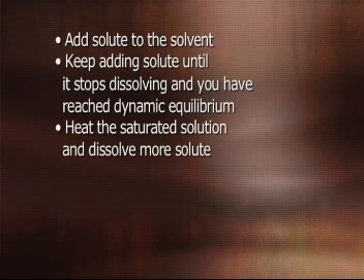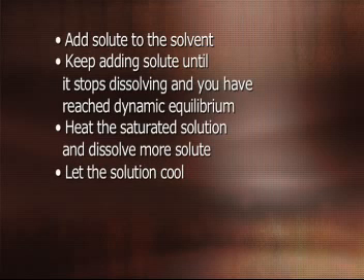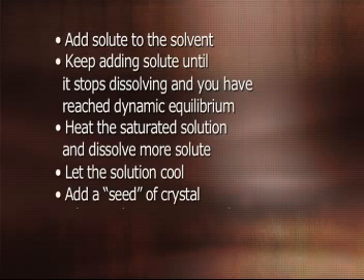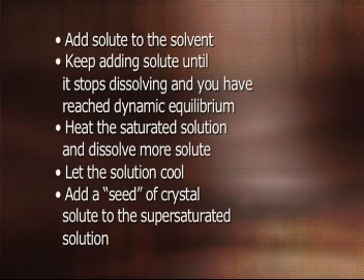Then, the saturated solution is heated so that more solute can be dissolved. The solution is then left to cool undisturbed. Once the solution is cool, a seed crystal of solute can be added, which will cause the solution to crystallize.